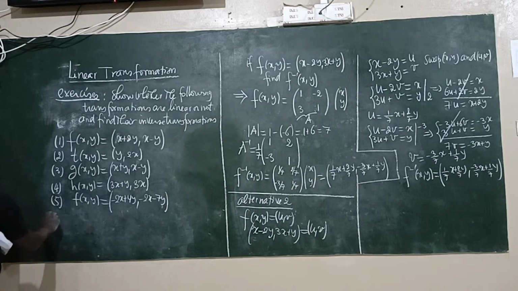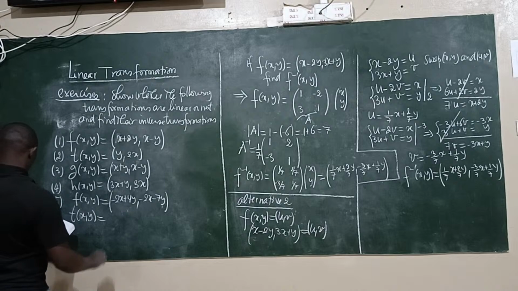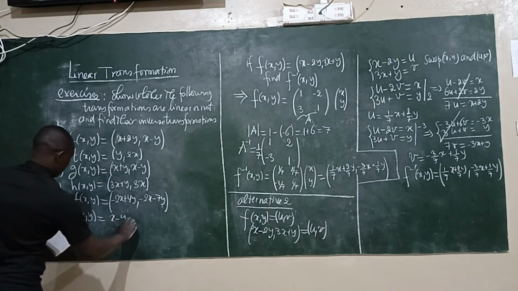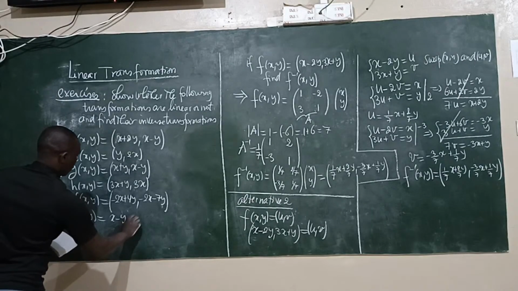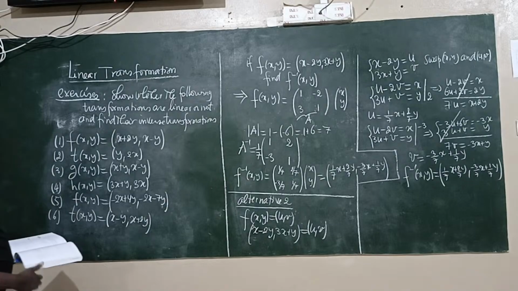Another one, the last one, let it be T(x,y), and this is going to be (x minus y, x plus 2y). Let me hope it's very clear.